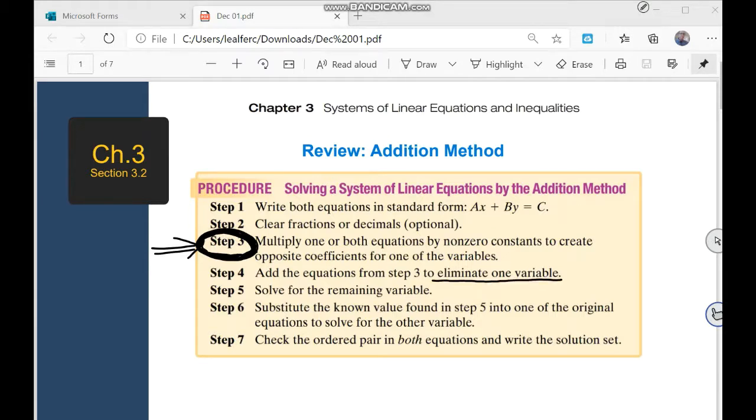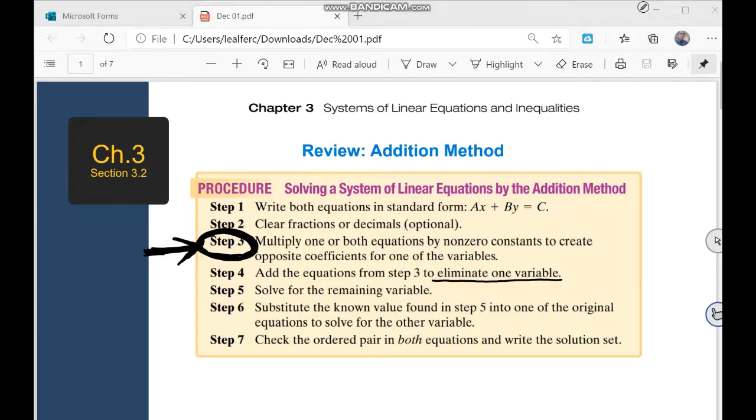This is the tricky part, because it depends on your choice. The number is going to be decided by you. You decide the best number to multiply by, to be able to eliminate one of the variables. This is the reason the tricky part of the addition method is step number 3, because it depends on a choice that you have to make by yourself.